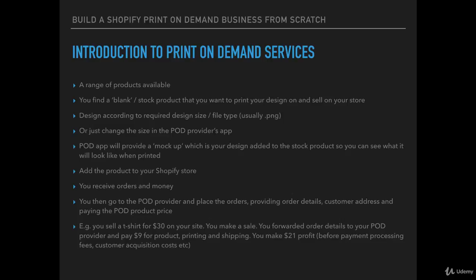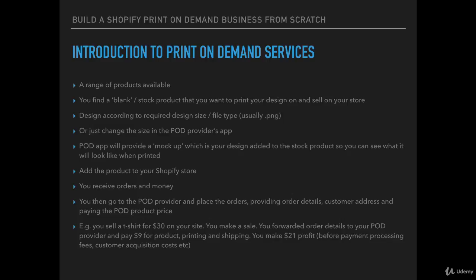You'll eventually come down to one print-on-demand service provider that you're going to use for this specific product. So you might find a provider that you like to use for t-shirts, another that you like to use for posters, and another for mugs.